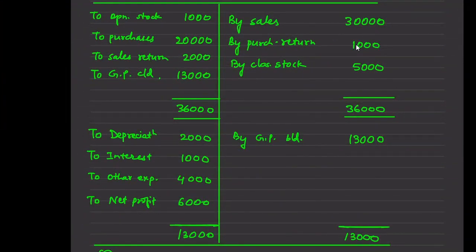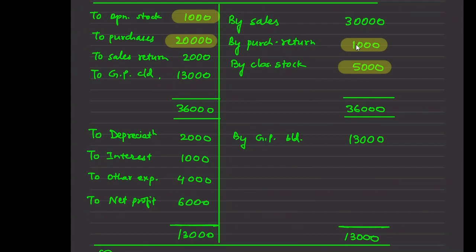So the formula of cost of goods sold, as discussed in the last class, was your opening stock plus purchases minus your purchase return, minus your closing stock as well, right? So this is your formula for COGS, that is cost of goods sold.